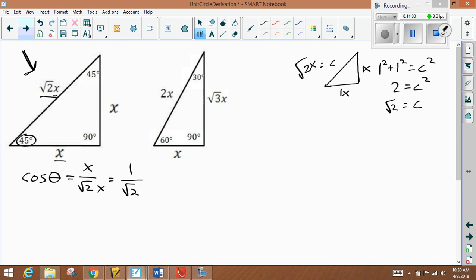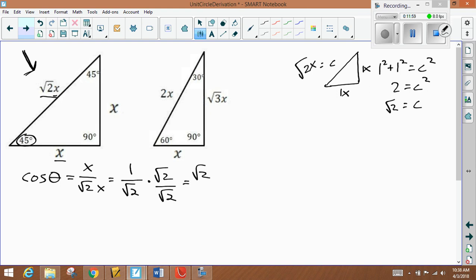Okay. We don't like radicals in our denominator. So what we have to do is rationalize it. The way that I do that is by multiplying by special number 1. If I multiply this by the square root of 2 over the square root of 2, it's going to make it so that I don't have a radical in my denominator. I don't want a square root in my denominator. It's just not proper. So 1 times square root of 2 is square root of 2.